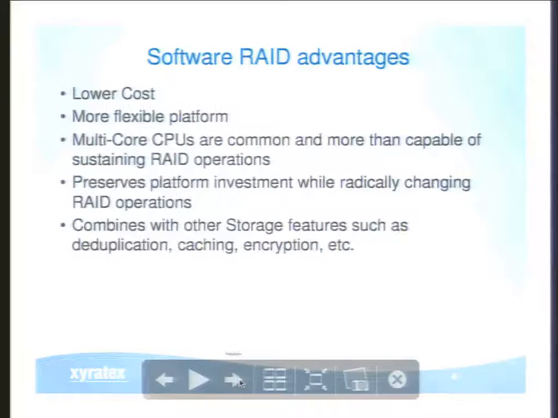So doing RAID operations is chewing up a few cores, but you have plenty of them to spend. You can preserve your hardware investment while radically changing the RAID technology that you're using. So as you move from, say, RAID 6 to parity declustered RAID or some other RAID algorithm, you can do that on the same hardware platform.